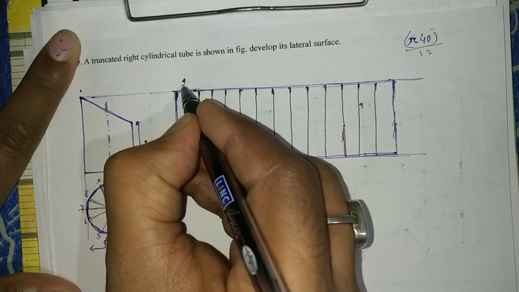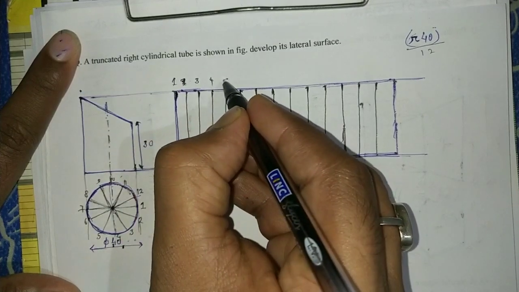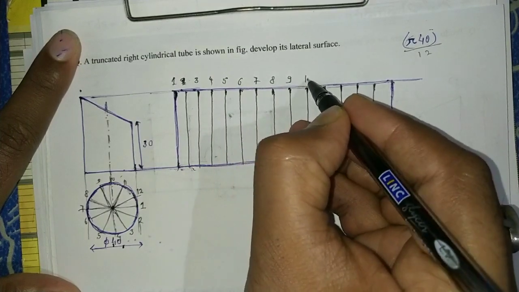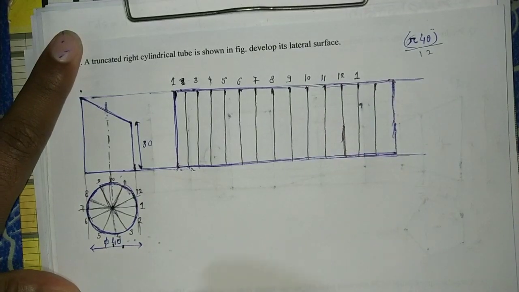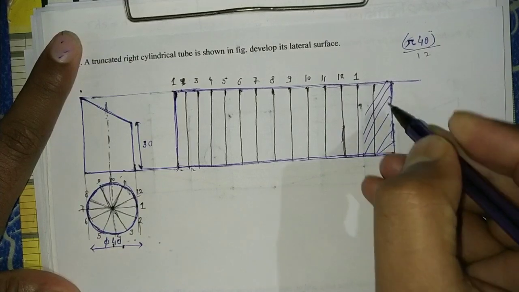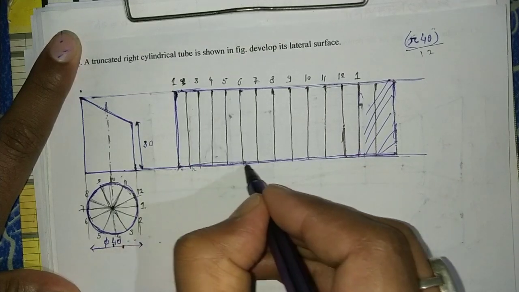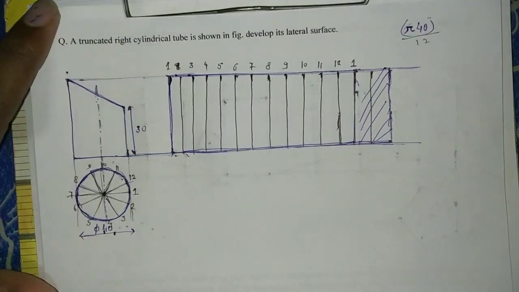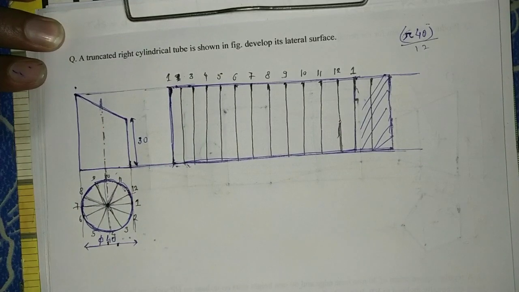Start naming it. 1, 2, 3, 4, 5, 6, 7, 8, 9, 10, 11, 12, and 1. This portion we have taken extra, so this will not come. Up to this is 1. Now also project these points on the front view.